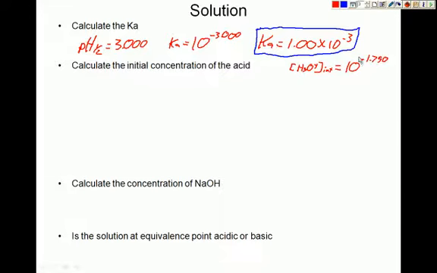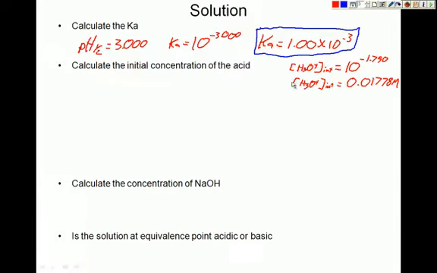H3O plus initial is equal to 10 to the minus pH initial, which is 10 to the minus 1.750, and that equals 0.01778 molarity.